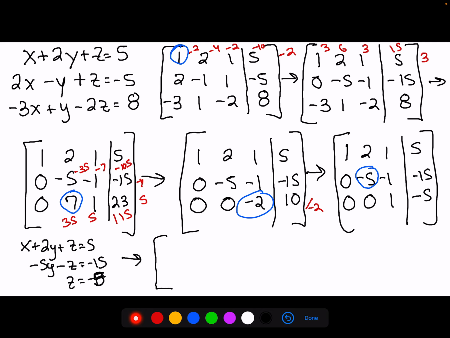And honestly, I'm tired of trying to avoid fractions, so I'm just going to divide by -5 and not worry about it. So first and third row stayed the same. I just divided that second row by -5, and I got that 1 in there that I wanted.